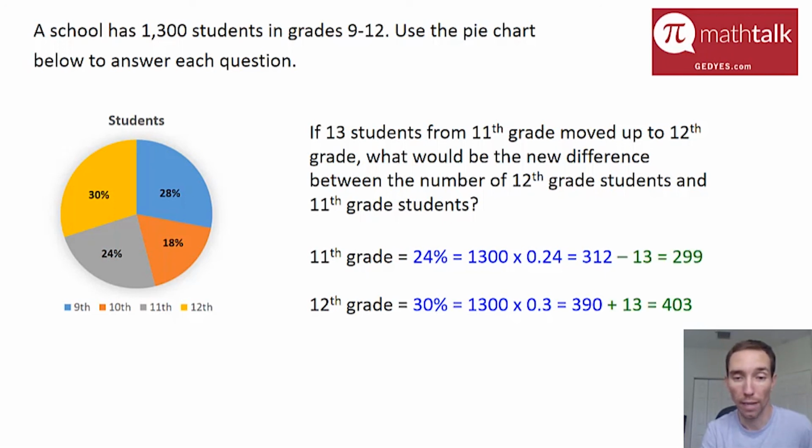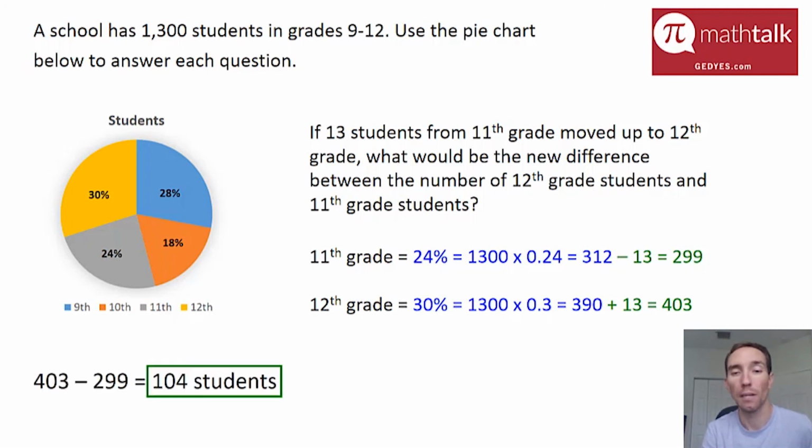So I'm going to go ahead and do that. Subtract 13 from 11th, add 13 to 12th, and I get these new numbers. That means after all that's done, there would be 299 11th graders, 403 12th graders. So the new difference between those two would be 104 students.